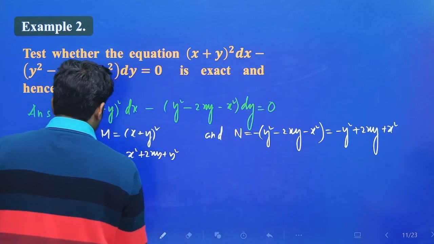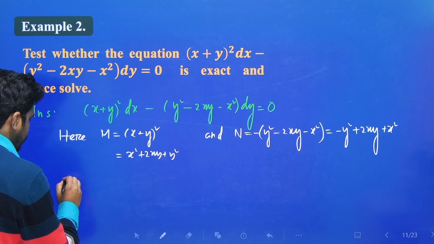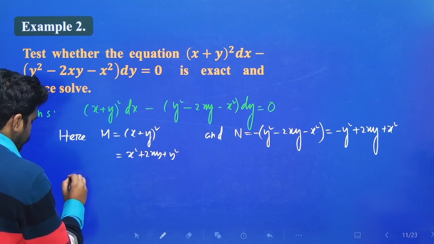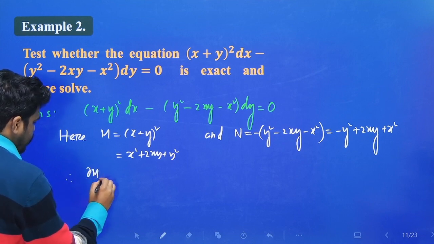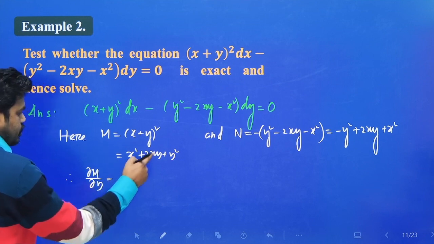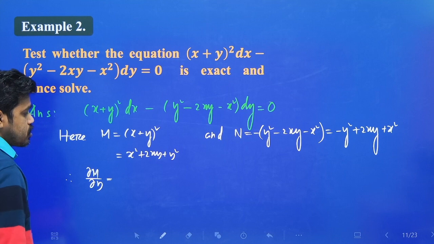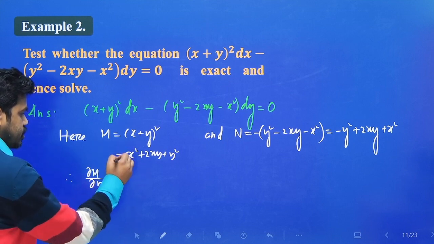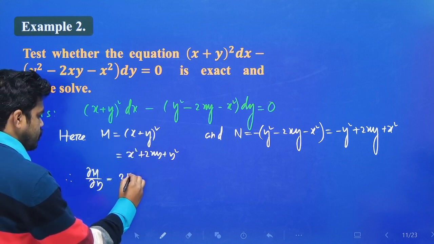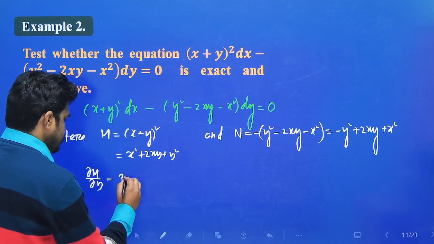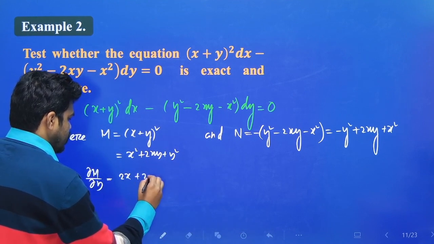So first of all we have to calculate del M del y. So del M del y: this is M, so I am partially differentiating with respect to y, so x is assumed to be constant. So this is 0, so this will be 2x plus 2y.